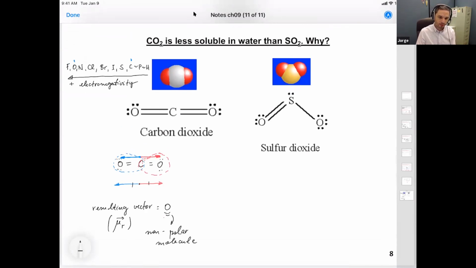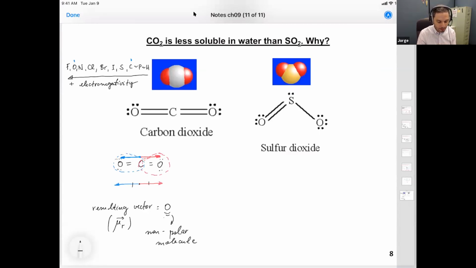So look first at the individual chemical bonds, see if there is a pull to one of the sides, draw the vector that represents the direction of the pull, and then for determining the polarity of the whole molecule, we are going to add up all the vectors, okay?